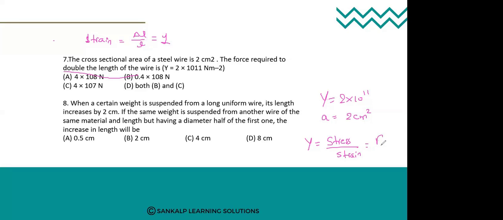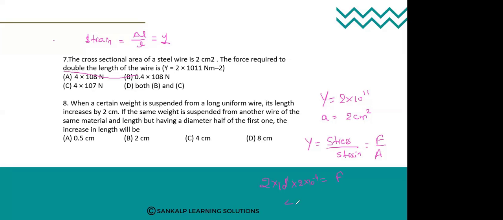So stress upon strain, the strain is 1. Stress is equal to force divided by area. What we need to calculate is the force. So Young's modulus is 2 into 10 to the power of 11, into the area value, 2 into 10 to the power of minus 4, since it is centimeter square.